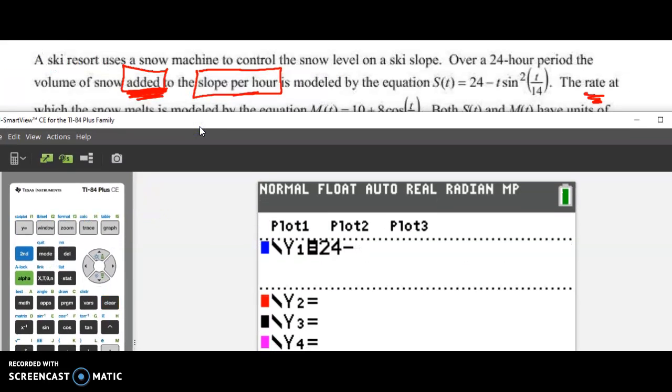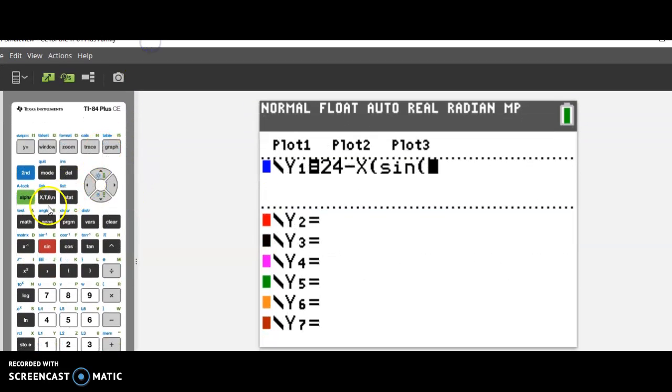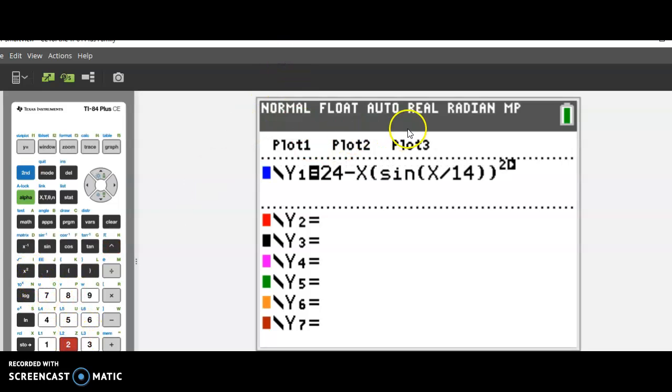While I'm at it, I also do both equations, x, and then with parentheses, so I need sine of x over 14. That quantity needs to be squared. Just double checking that I typed that in correctly.